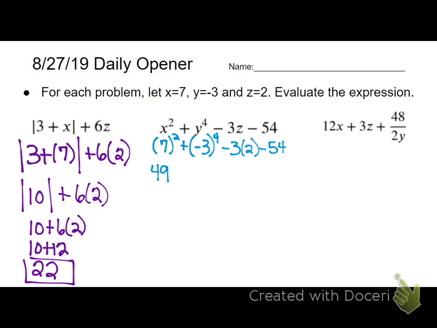So if your exponent's an even number, your answer is going to be a positive answer. So what's -3 to the 4th power? 81. Positive 81. So we're going to bring down that plus 81. Now, if it was an odd exponent, my 81 would actually be a negative. Okay? And bring down the rest of my problem.